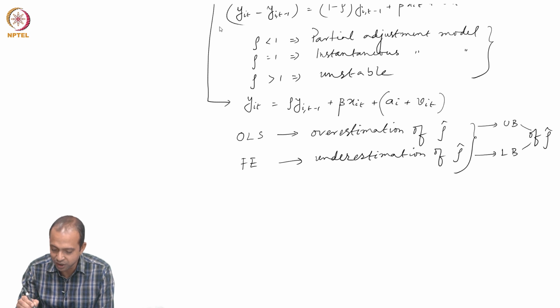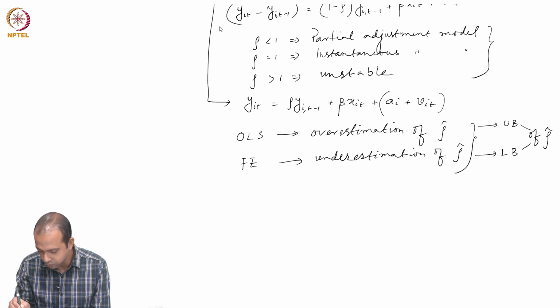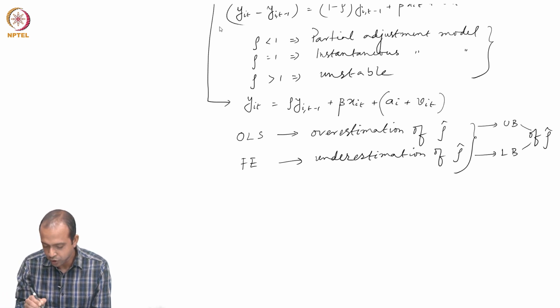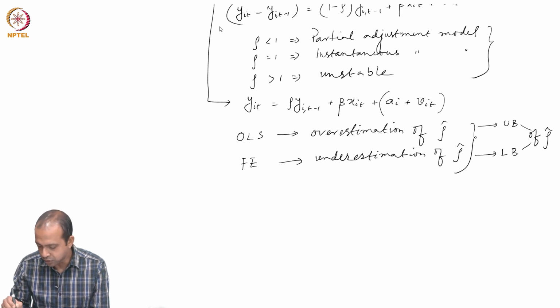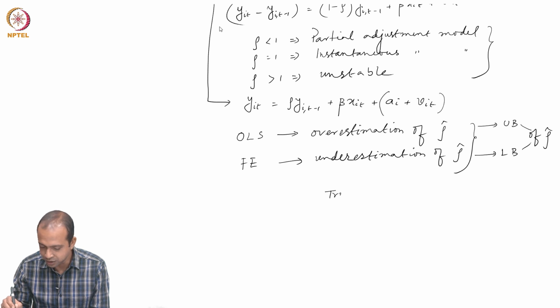So, the true estimate of rho hat should be greater than your fixed effect, but less than your OLS.